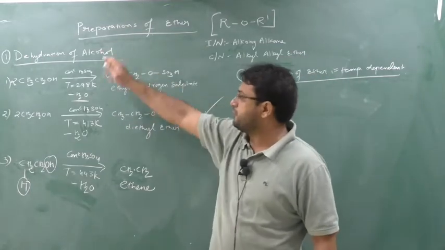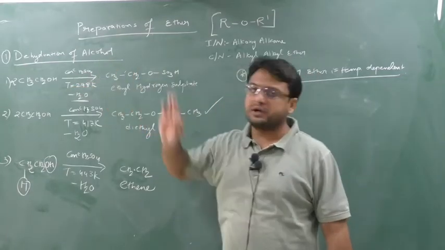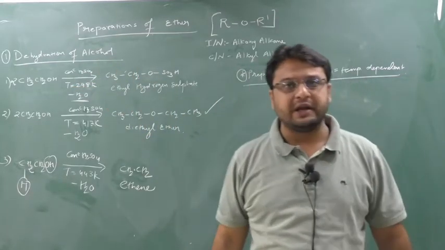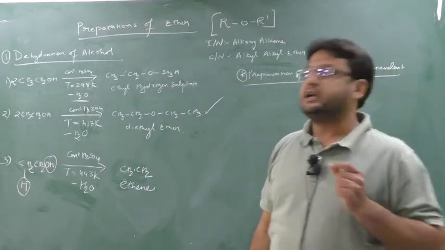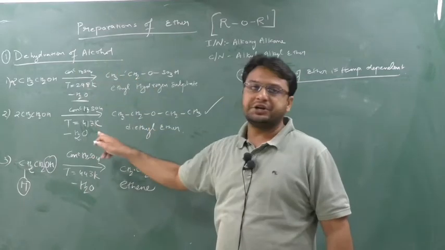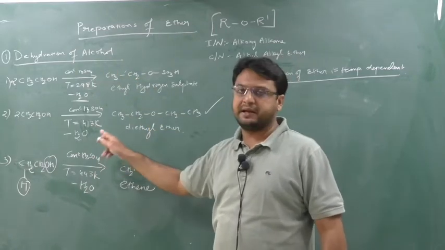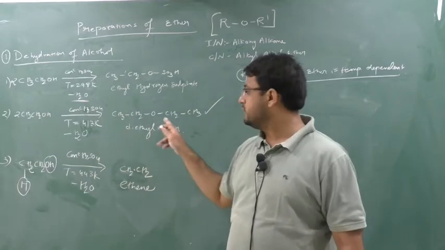Again, at low temperature, like 0 degrees Celsius, this alcohol will directly dissolve in the sulfuric acid. I am not going into detail, I just want to show you that the preparation of ether is also done from the dehydration of alcohol, but the temperature condition is very crucial and you have to maintain the temperature condition. If you maintain the temperature, then only you will obtain the ether.